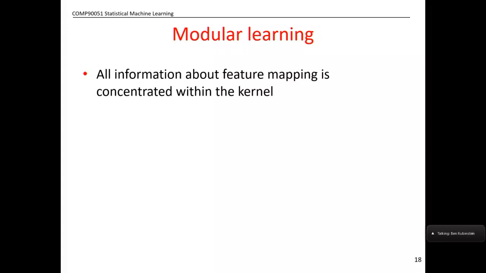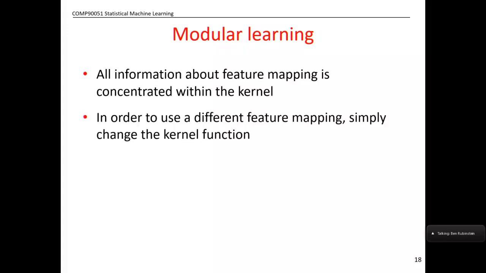Let's not even think about feature mapping sometimes. Let's just think of a measure of similarity between two vectors, call it k, and we just need to check, is it a valid kernel or not? And maybe we don't even need to figure out what the feature mapping is that corresponds to it in order to check. And that's what Mercer's theorem will give us.